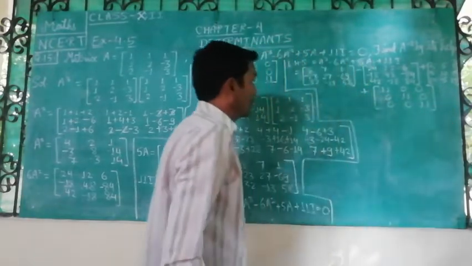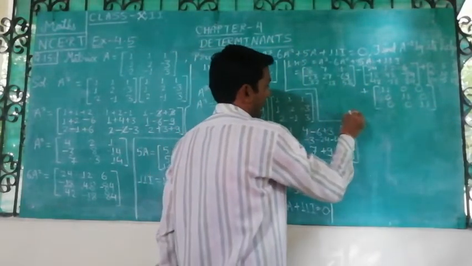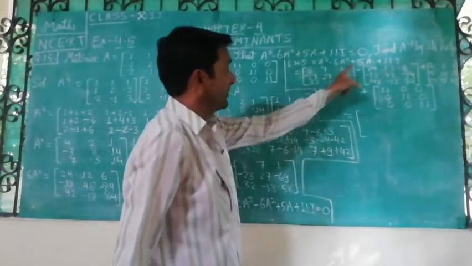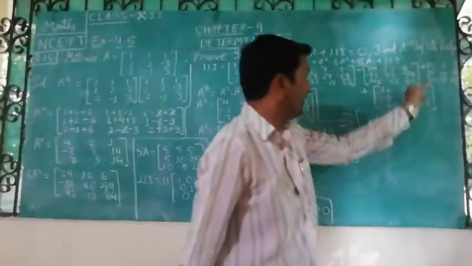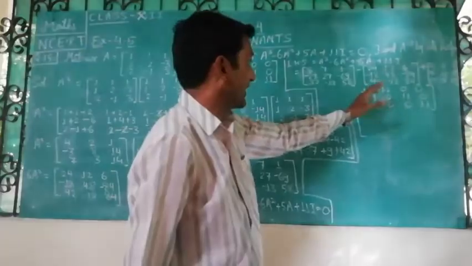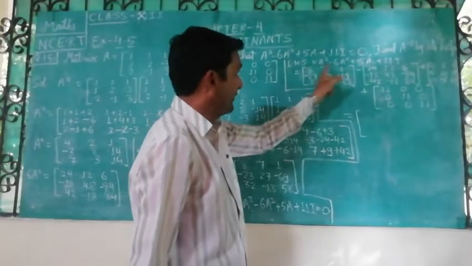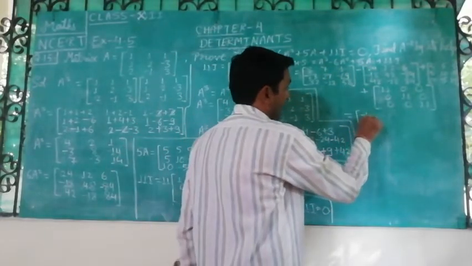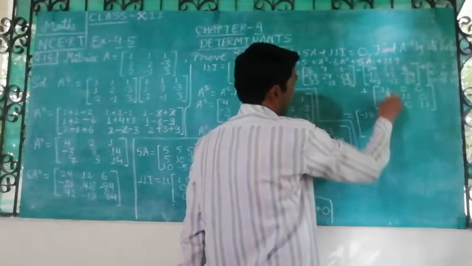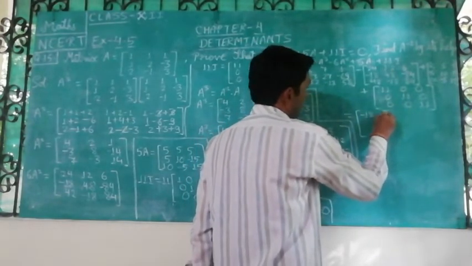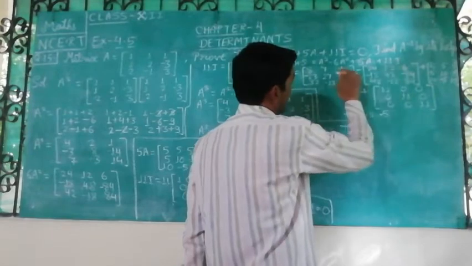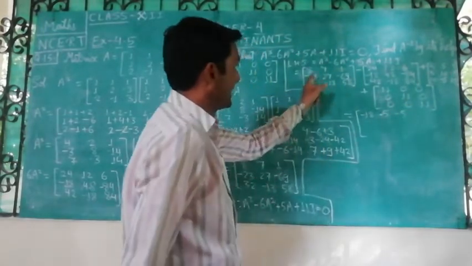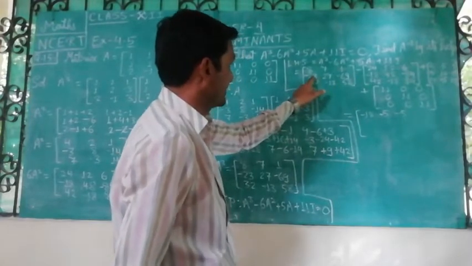Now see how to do. What we have to do here? See, I am solving this 2. 8 minus 24. And this 2 we will solve with this again. So 8 minus 24, I am doing directly now. 8 minus 24, what it is? Minus 18. And then 7 minus 12 is minus 5. And 1 minus 6 is again minus 5. Now see, minus 23 minus 18 means minus 41.